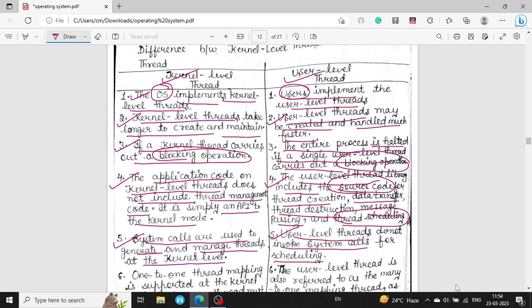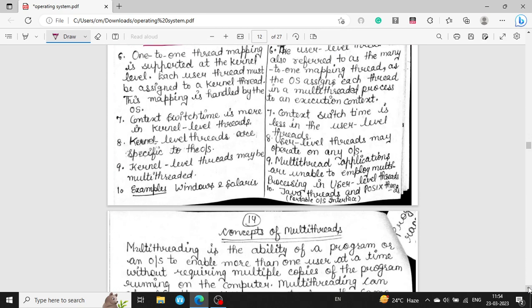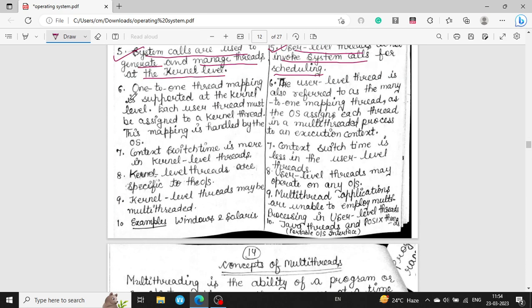And next, sixth difference is one-to-one thread mapping is supported at the kernel level.